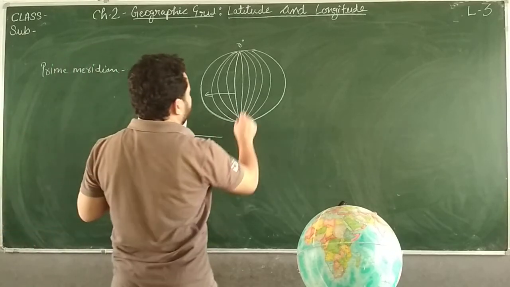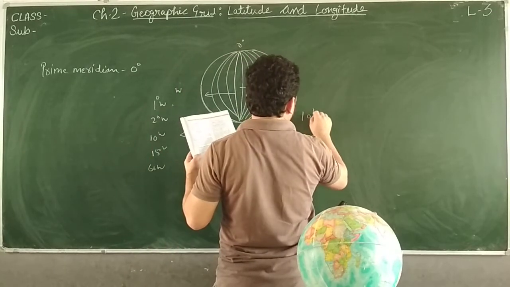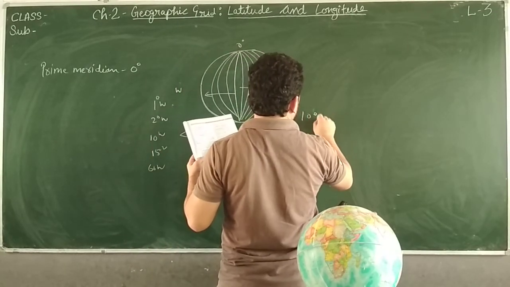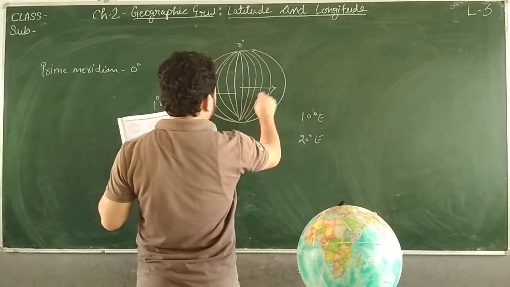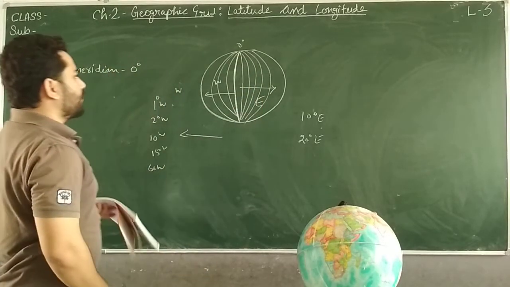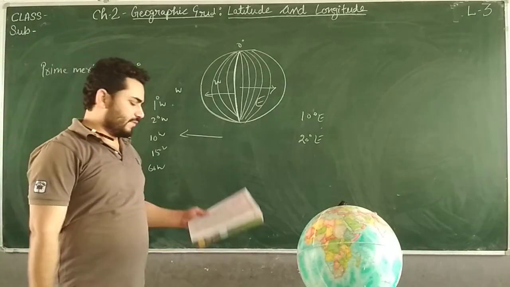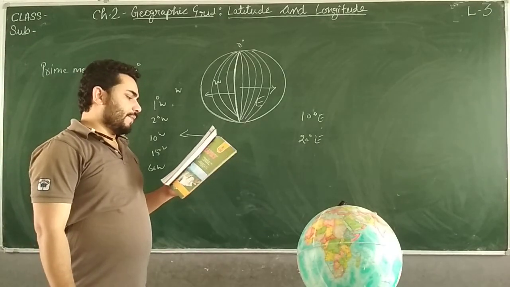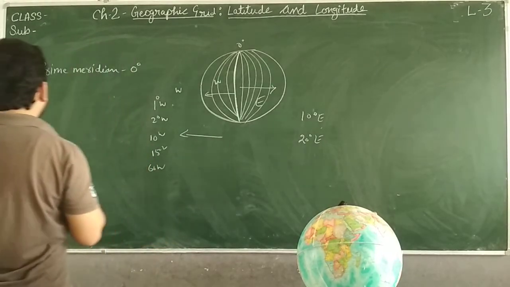And to the east it is suffixed with east, 10 degree east, 20 degree east, this way east and this way west. This is the line of reference. It means the prime meridian is dividing the earth into two equal halves, the western hemisphere and the eastern hemisphere.